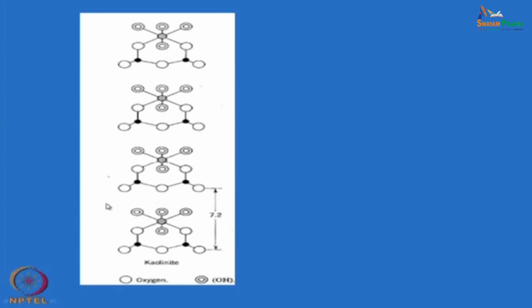However, this van der Waals bond is very weak, so this layer can be separated out quite easily from the other one, but they do have some bond. So, they are very weak bonds in the C direction, but very strongly bonded in the x y direction. So, these are the different atomic molecular layers of the kaolinite, and that is how it is formed.